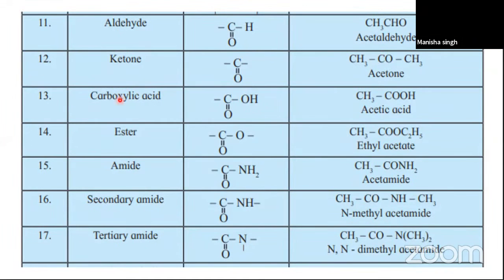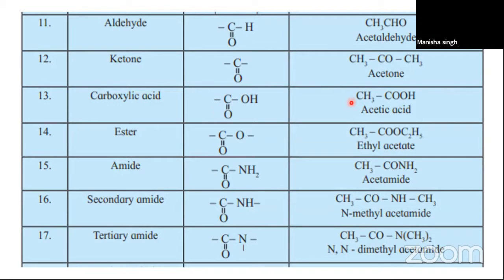Now carboxylic acid. Carboxylic acid, it has got COOH. So functional group is COOH, and the example is acetic acid, CH3COOH. Then it comes ester.